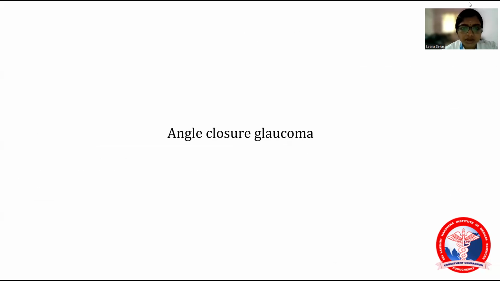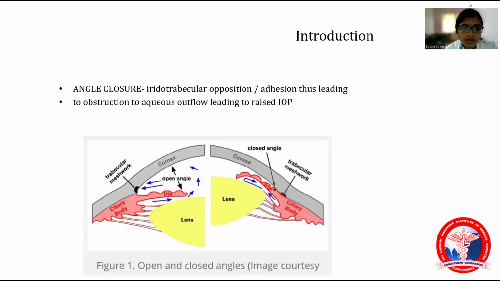Next, moving on to angle closure glaucoma. What causes angle closure is iridotrabecular apposition or adhesion, which will further lead to obstruction to the aqueous outflow, leading to raised intraocular pressure. Here is a picture where we can see how the angle is getting occluded.